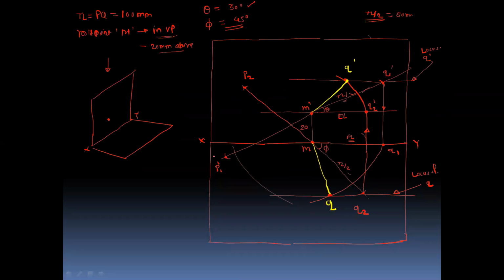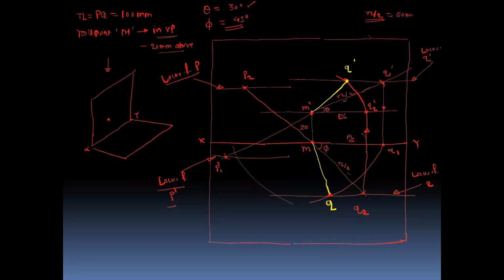So draw one horizontal line like this from P1 dash. This line is the locus of P dash. Draw a second horizontal line from P2. This is the locus of the actual top view of the point P. So this is the locus of P, and this is the locus of P dash.